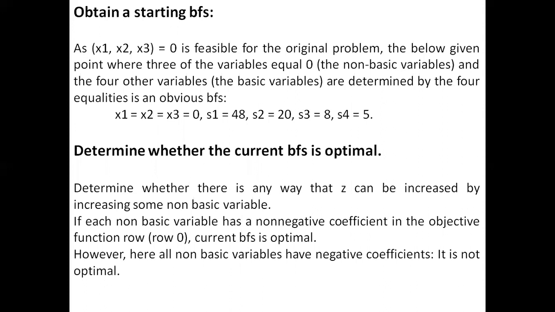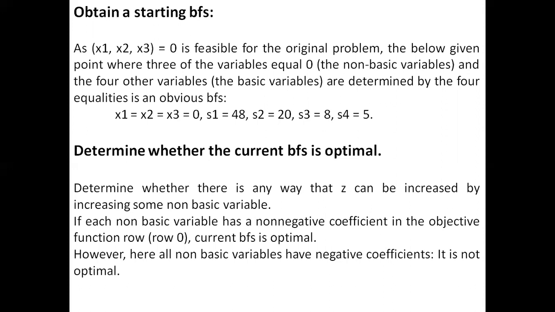Considering x1 equal to x2 equal to x3 equal to 0, s1 is equal to 48, s2 is 20, s3 is 8 the RHS terms, and s4 is 5. And determining whether the current basic feasible solution is optimal or not is the third step to be identified.